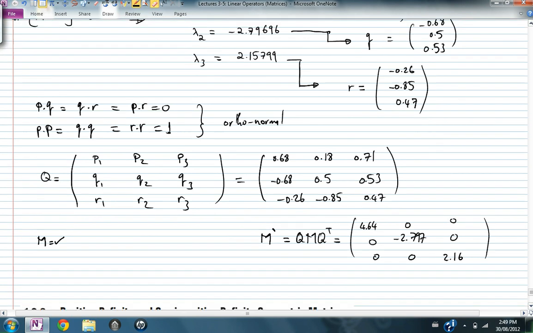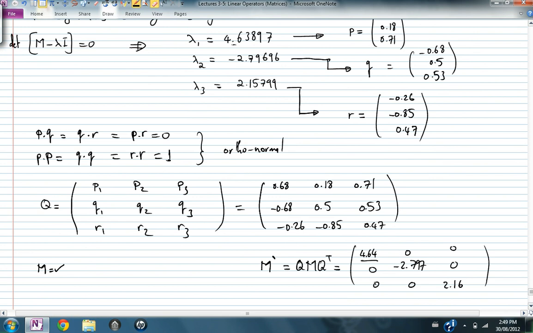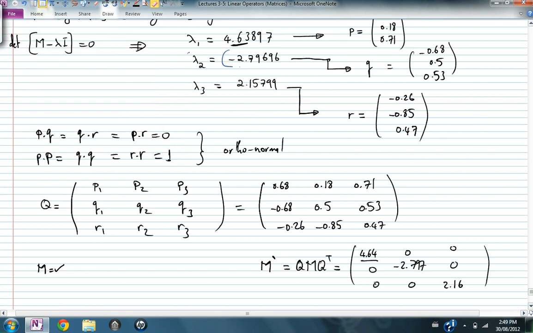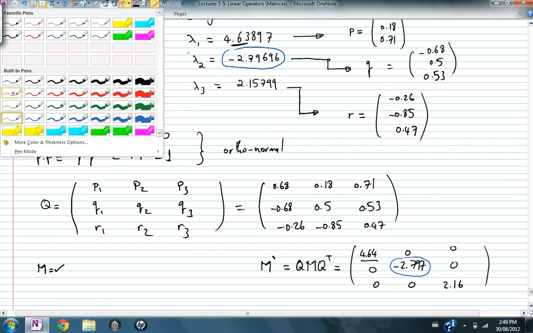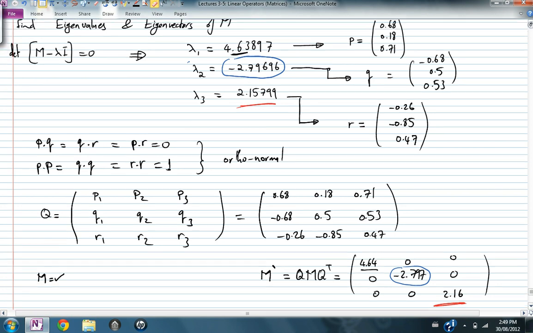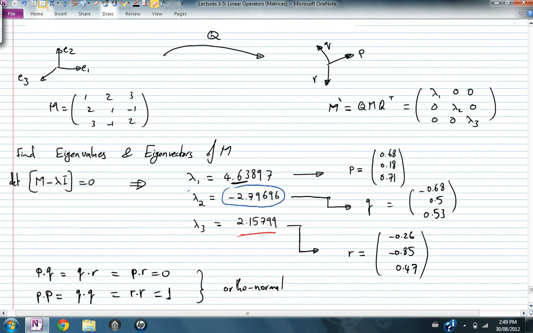They are your actual eigenvalues of the matrix M. And so this example shows you how to form Q, which is the translation between the general coordinate system that we're using for the symmetric matrix, and the new coordinate system in which the matrix becomes diagonal, and this new coordinate system is made out of the eigenvectors of the matrix M.